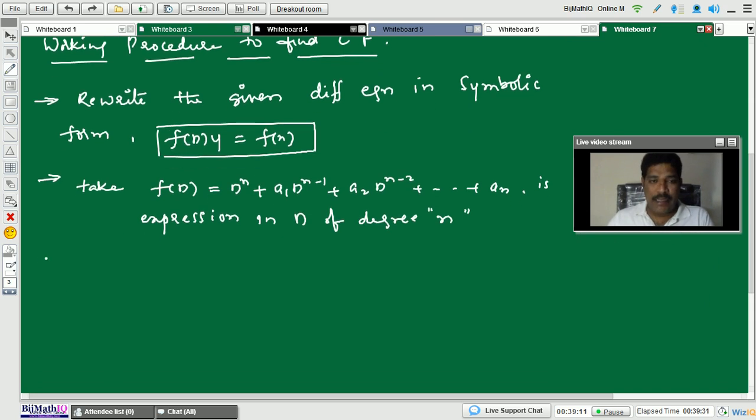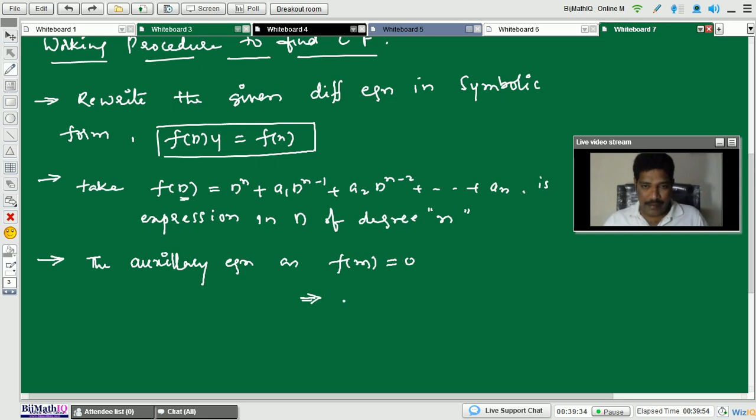And next, let us take the auxiliary equation from this algebraic expression. Let the auxiliary equation be f of m equals 0. This implies instead of D, we just write m.